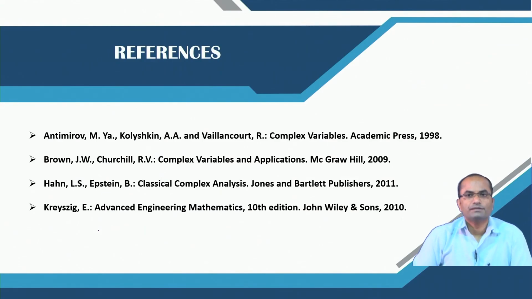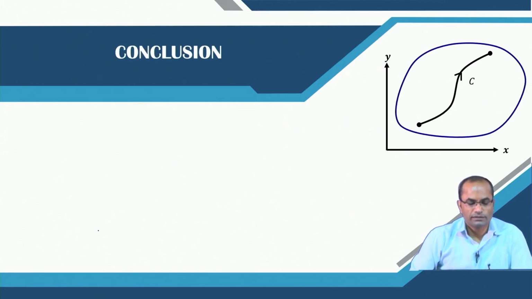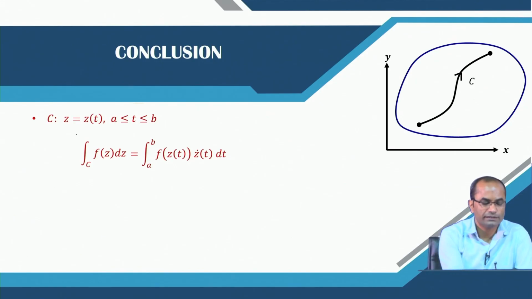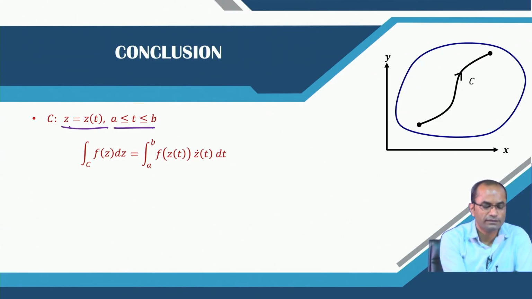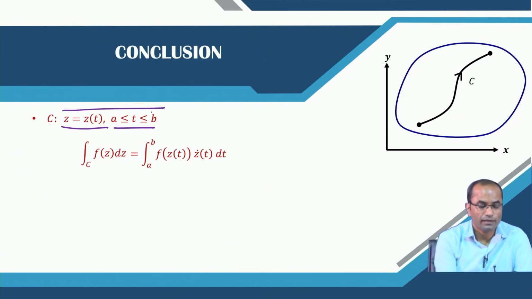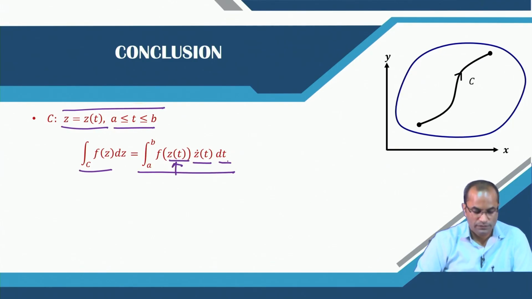These are the references used for preparing this lecture. And just to conclude, what we have learned is the line integral: the basic definition, and how to evaluate it. We need to parameterize z equal to z(t), and then this curve integral can easily be evaluated by substituting this parameterized form in f, along with its derivative, and integrating over dt.